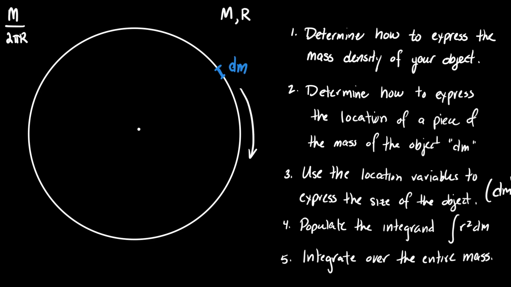But I'm going to label it dm because it is a piece of the entire mass. Eventually, my goal is to come up with a ratio of how much the mass of that object is related to its length. And that's eventually where I want to get to. So I can solve for dm and have something to substitute into our integrand.